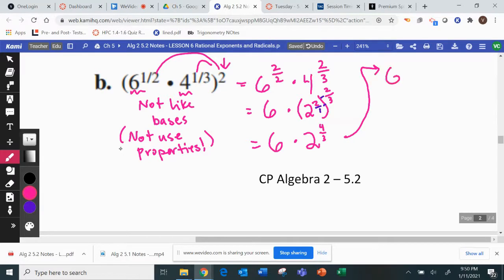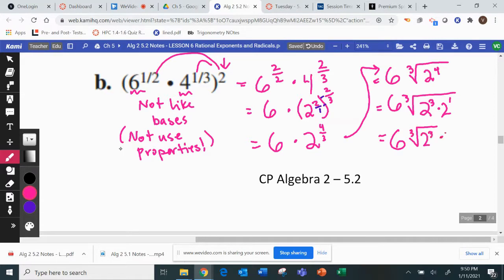So let's see, I've got 6 and then I've got the 3rd root of 2 to the 4th. I can separate that 2 to the 4th into 2 to the 3rd multiplied by 2 to the 1st. So I can separate those. So now I'm going to have 6, and we're going to have the 3rd root of 2 to the 3rd, and we're going to have the 3rd root of 2 to the 1st.